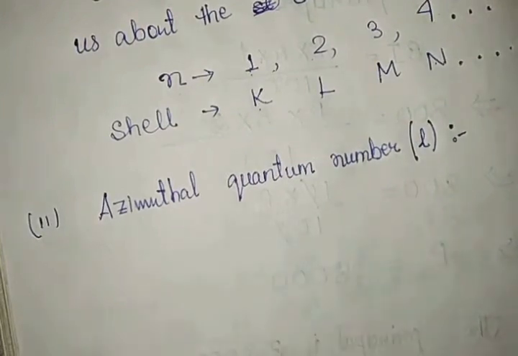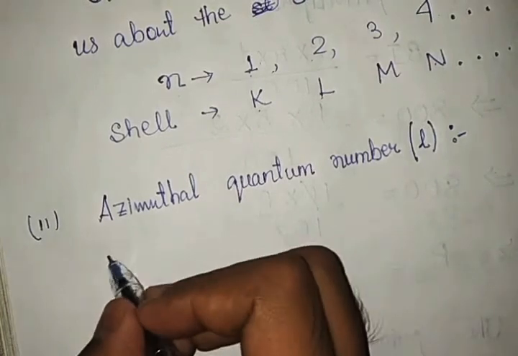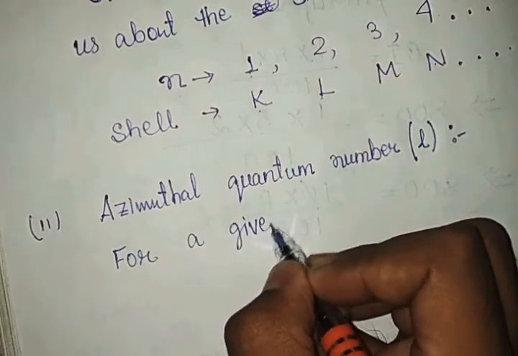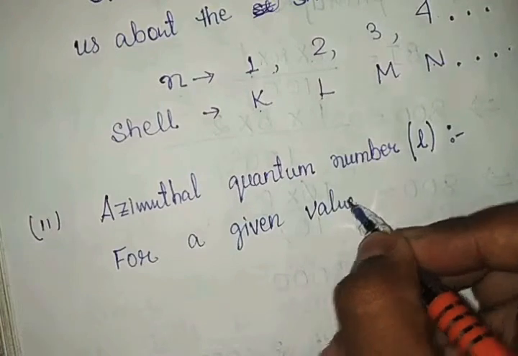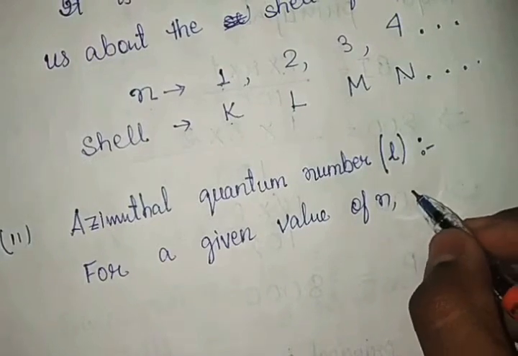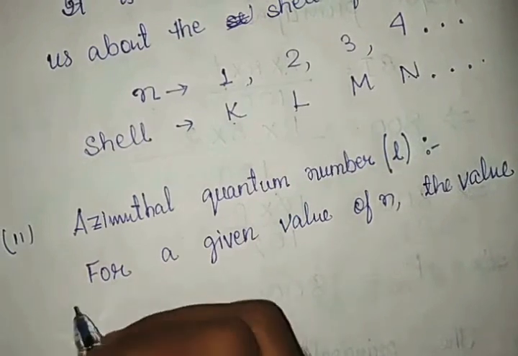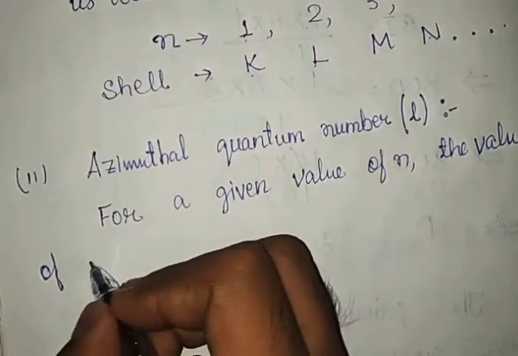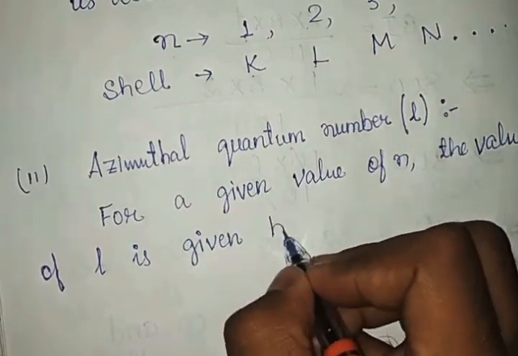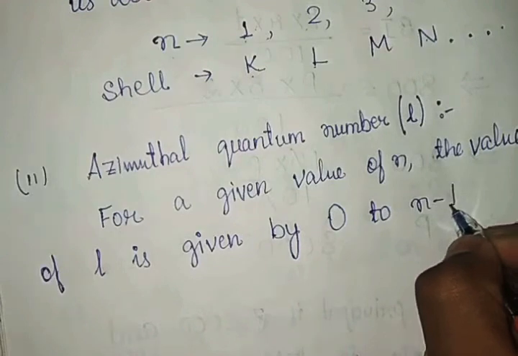For a given value of n, the value of L is given by 0 to n minus 1.